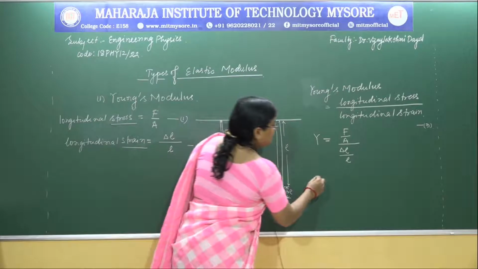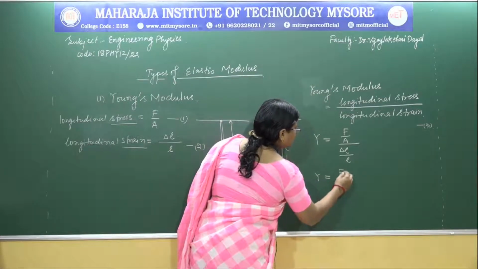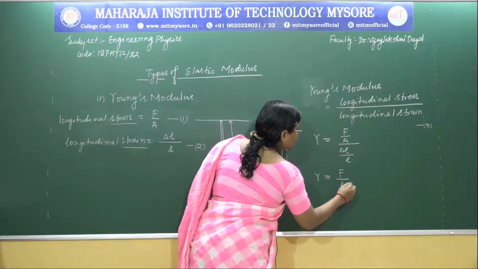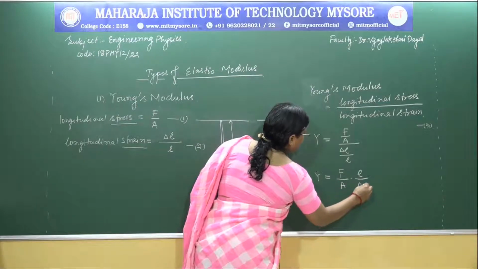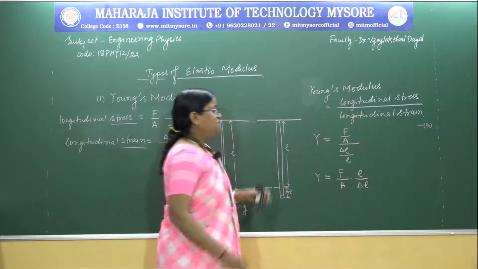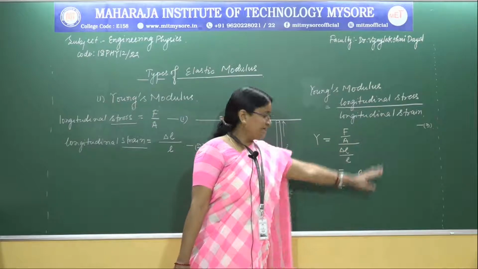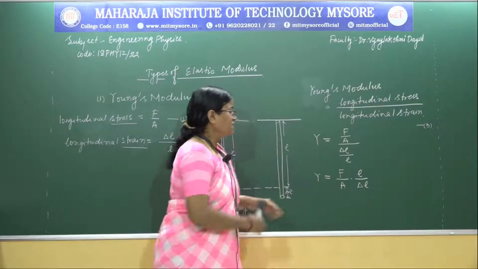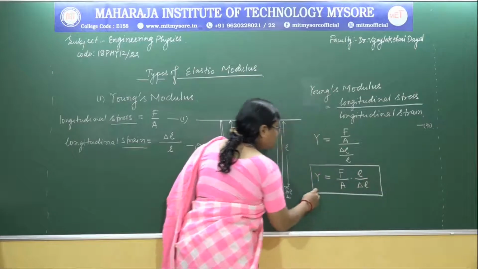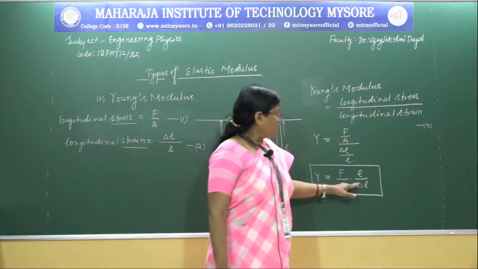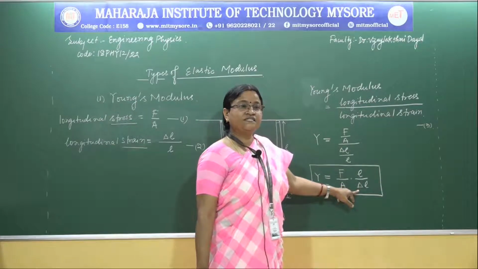Rearranging, Young's modulus is force divided by area, multiplied by original length by change in length. So Young's modulus is force per unit area multiplied by the ratio of original length to the change in length.